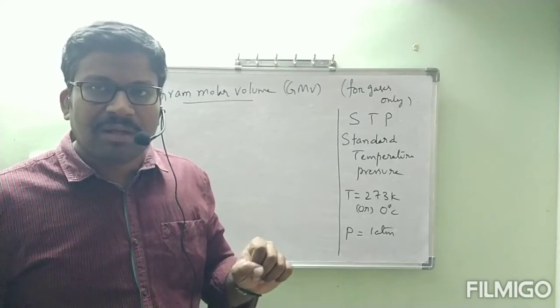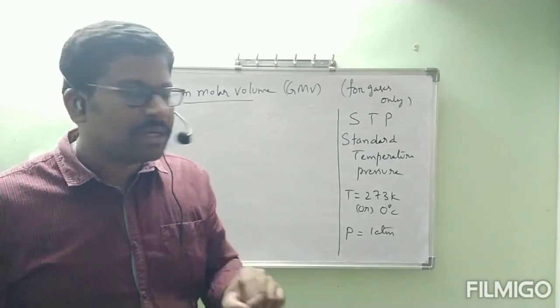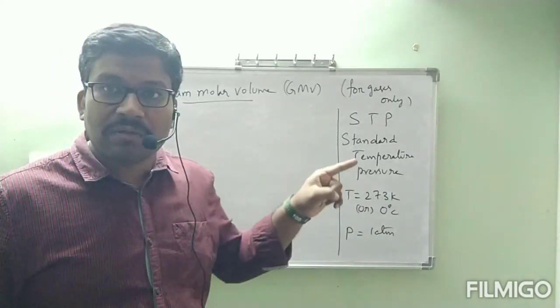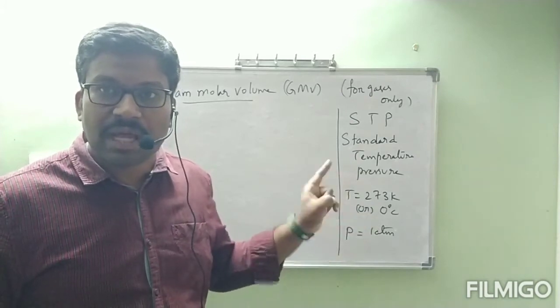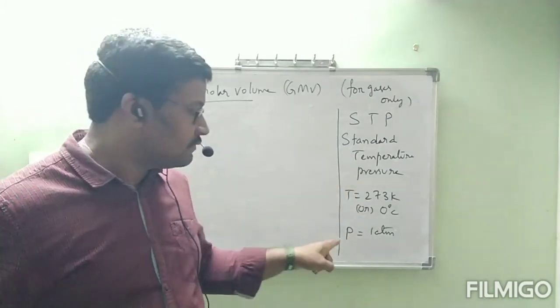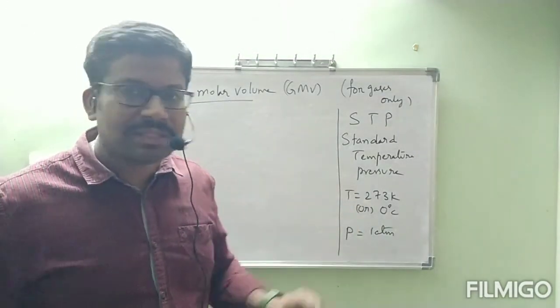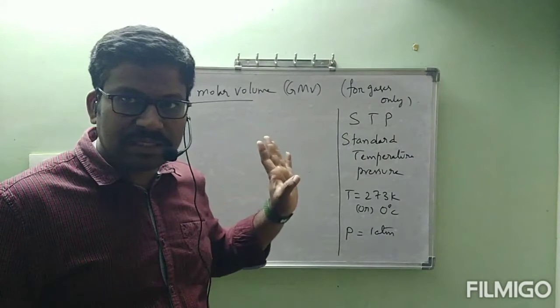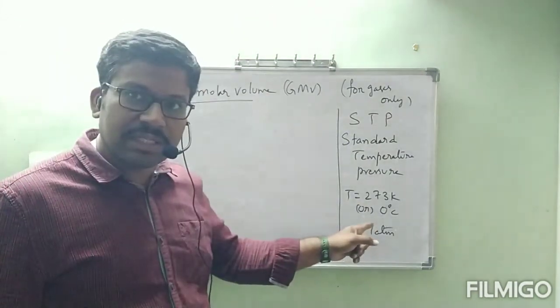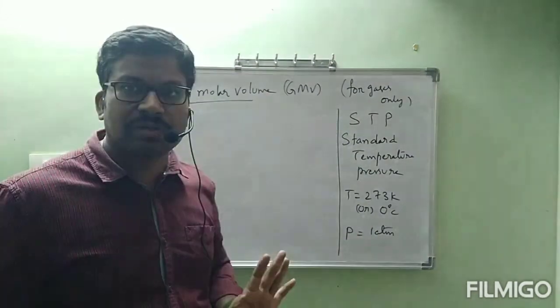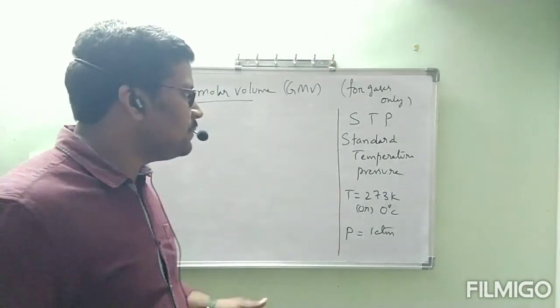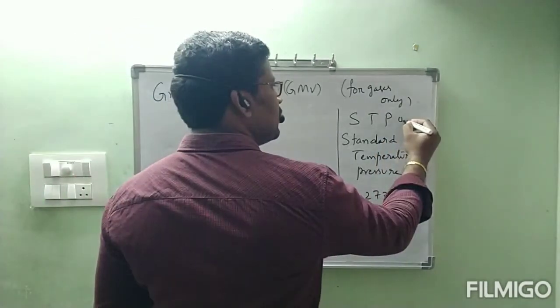We will get clear details about the various units used for temperature as well as for pressure. Till then, just remember this: temperature at STP is 273 Kelvin or 0 degree centigrade. Pressure is equal to 1 atmosphere. This STP is also called NTP.